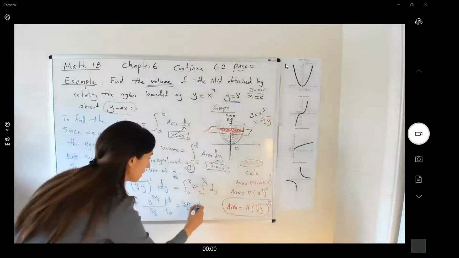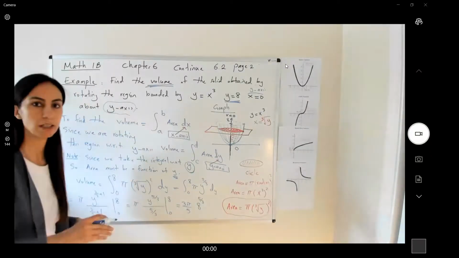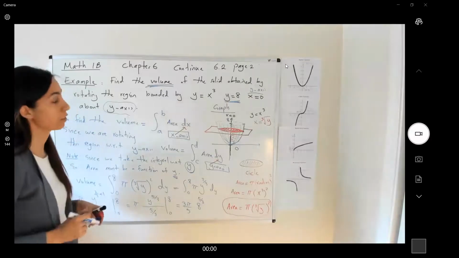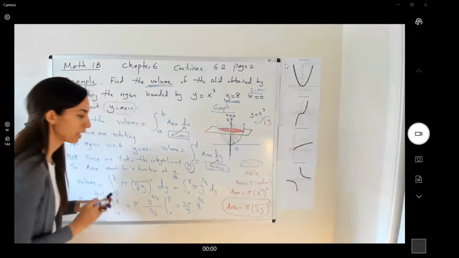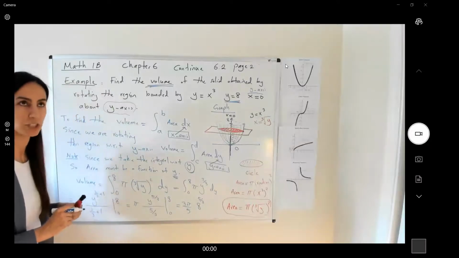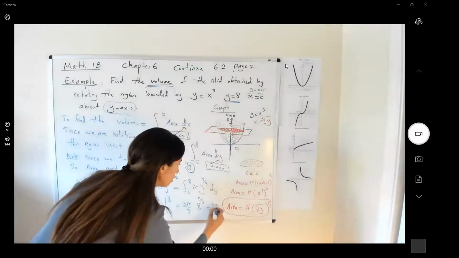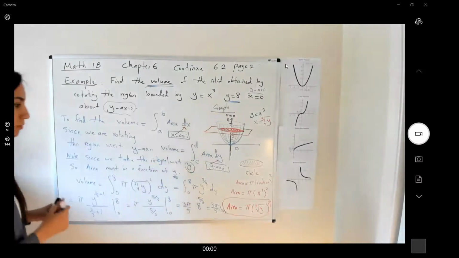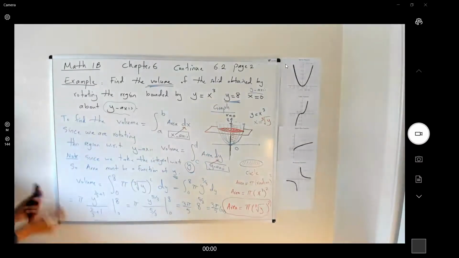And you have 8 raised to 5/3. 8 is 2 to the 3rd power. You can cancel out 3 and 3. You get 2 raised to 5, which is 32. You get 3 pi over 5 times 32, which is equal to 96 pi over 5.